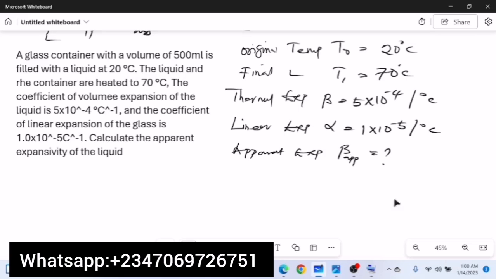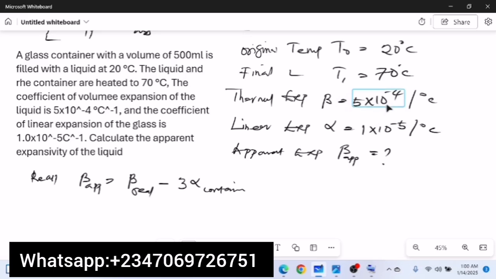So you recall the equation for apparent expansivity. Recall, apparent expansivity is actually the real expansivity or the absolute expansivity minus 3 times the linear expansivity of the container. So the real expansivity is simply the thermal expansion of the liquid given here, 5 by 10 to the power of -4.